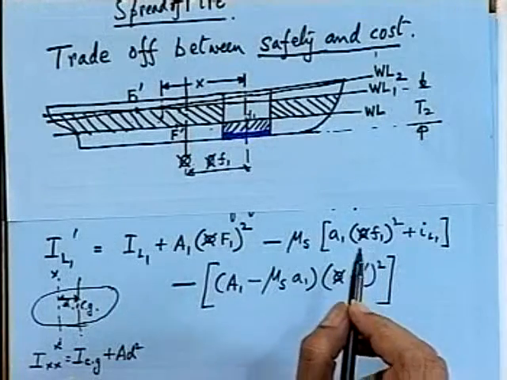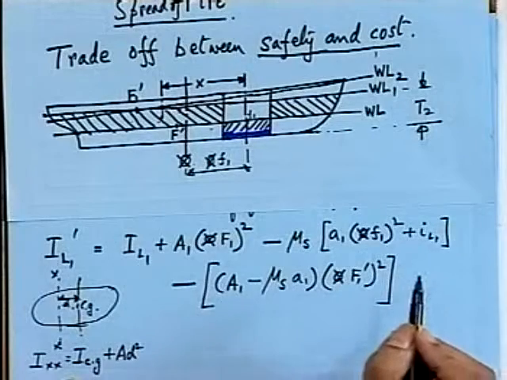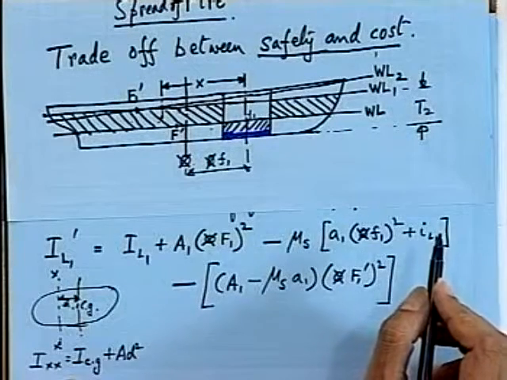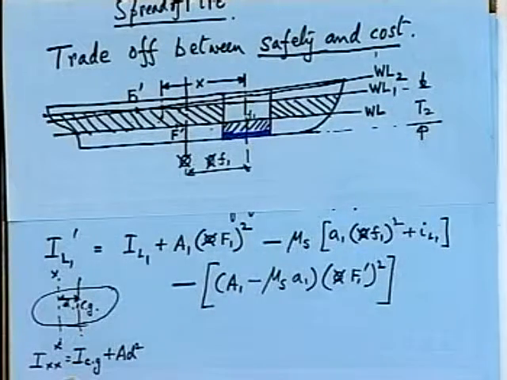Now in this equation one has to substitute the values of A1 in terms of TPC or tons per centimeter of flotation.